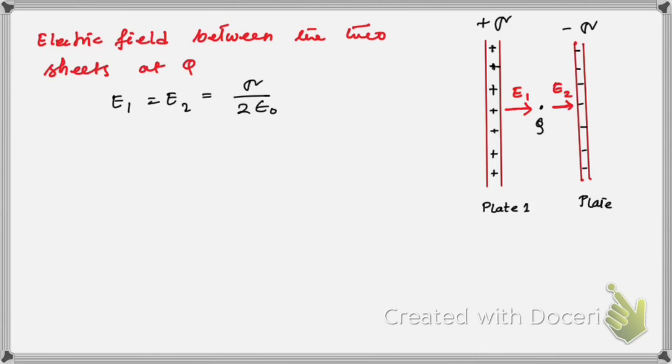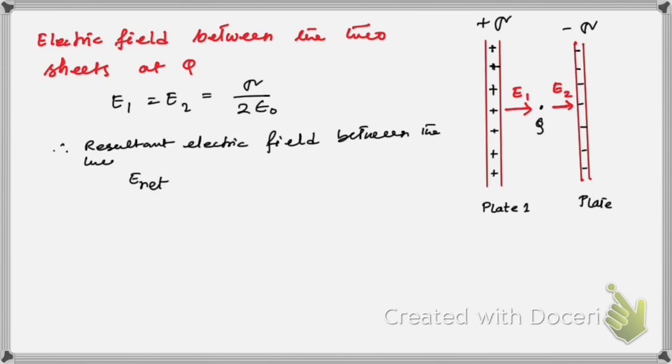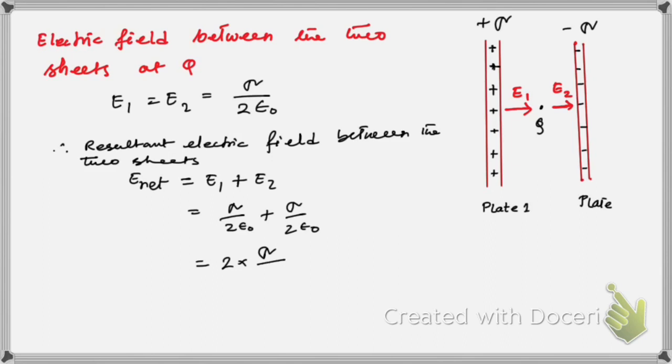So therefore the net electric field, or resultant electric field, between the two sheets, E net, will be equal to E1 plus E2, which is sigma by 2 epsilon naught plus sigma by 2 epsilon naught, that is 2 into sigma by 2 epsilon naught.